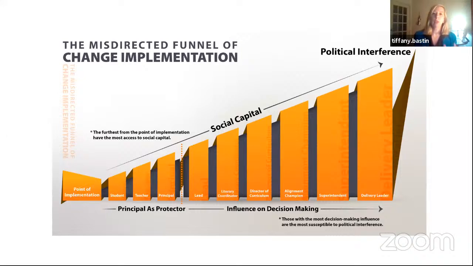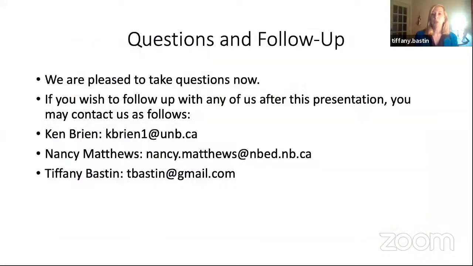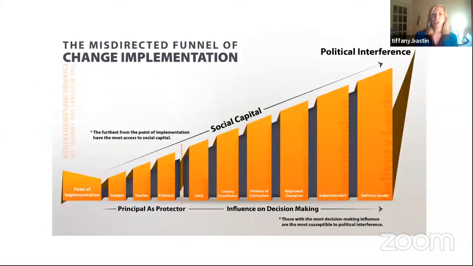So my point around this is we need to be giving teachers and school principals and those who are actually making educational change more resources and more support, because if we don't give them that, then we're not going to see the change that we want to see in education. So that concludes my overview of my research, and thank you very much for joining us.